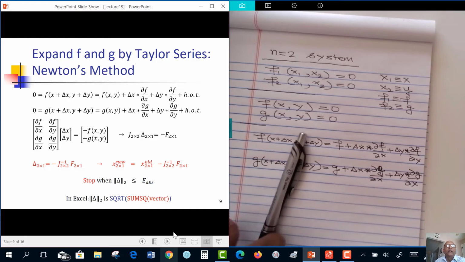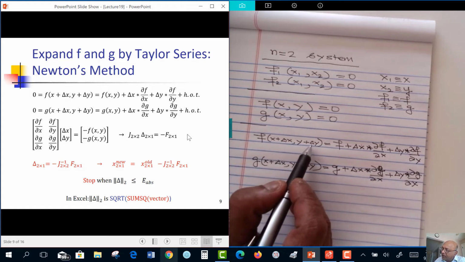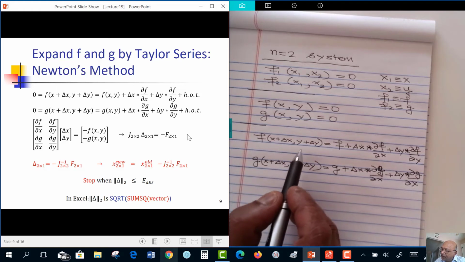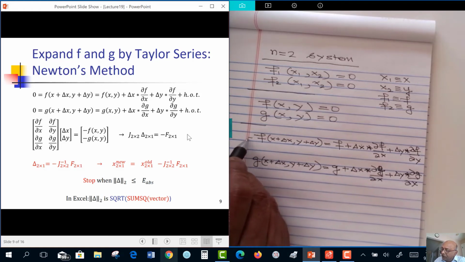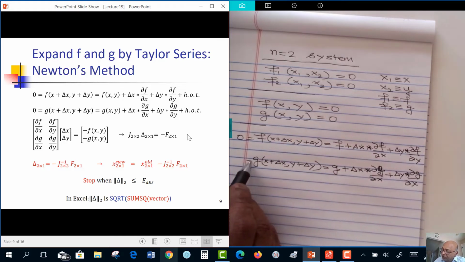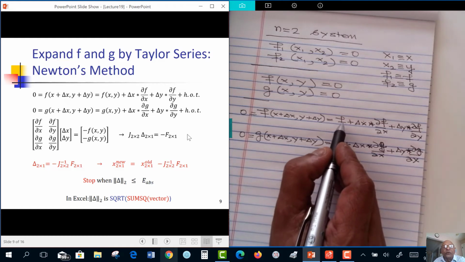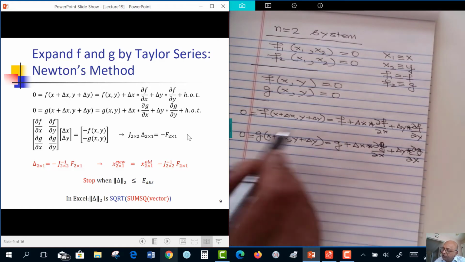I have this on my slides too, and I've said higher order terms we are going to neglect. So what do we want? We really want delta x, delta y such that next time we do the iteration, this function becomes 0, because we want the function at those root values, at those solutions, to be 0. So what we are going to do therefore is bring f and g to the left hand side.